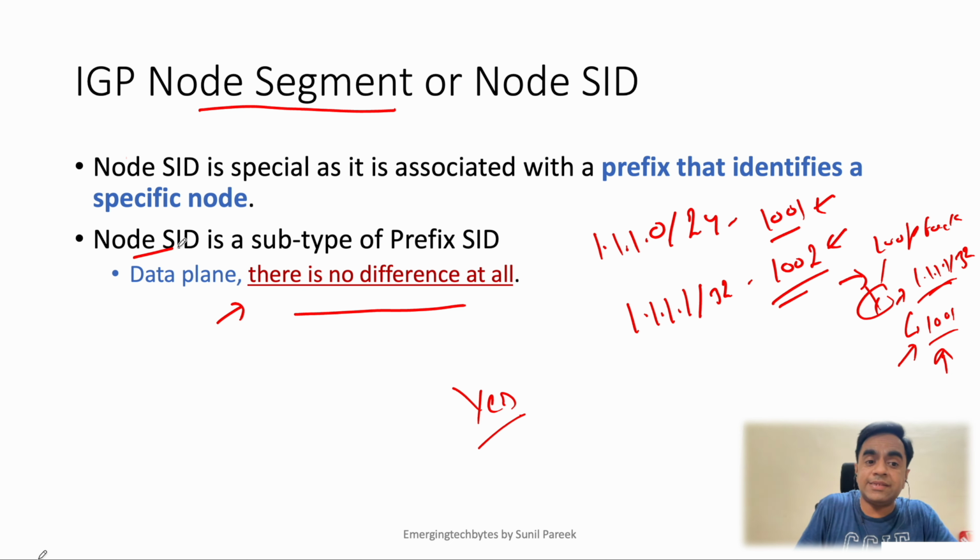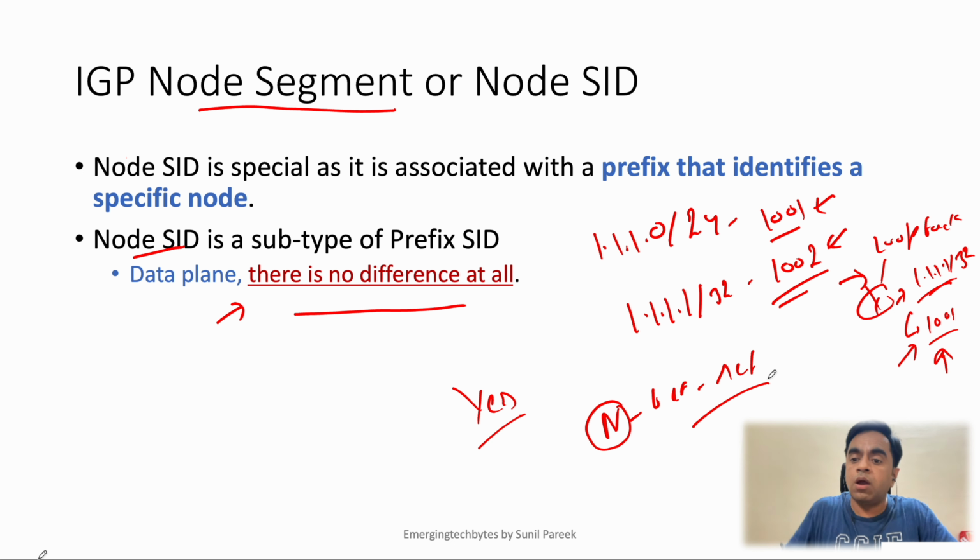These node SIDs during advertisement are advertised with a special flag bit. So your node SIDs are always advertised with this flag bit set. Why do we need this flag to be set for the node SID? This is something I will talk about in future videos, so stay tuned.